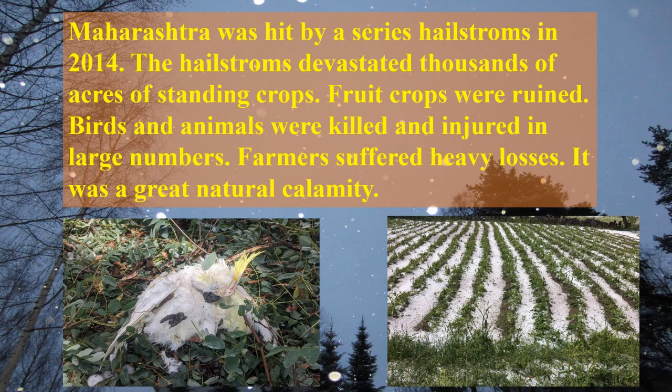Like floods and earthquakes, a hailstorm is also a natural calamity in which people suffer very great losses. Animals and birds get injured, the farmers suffer great loss, and all the crops get damaged.